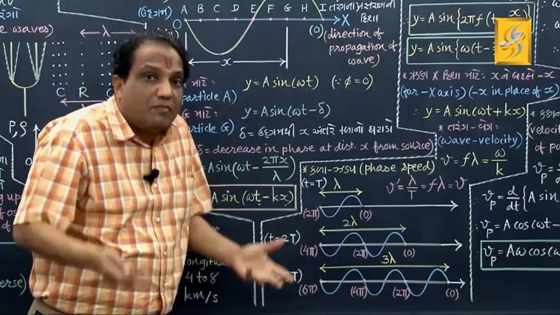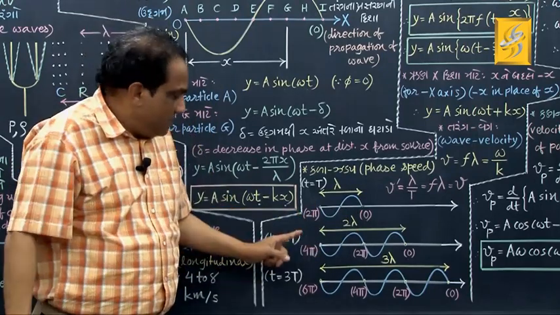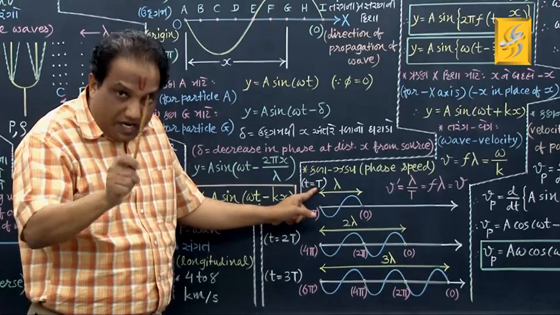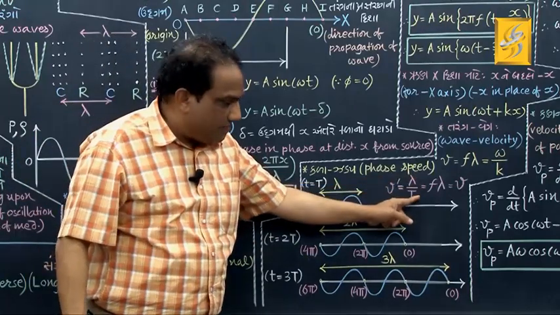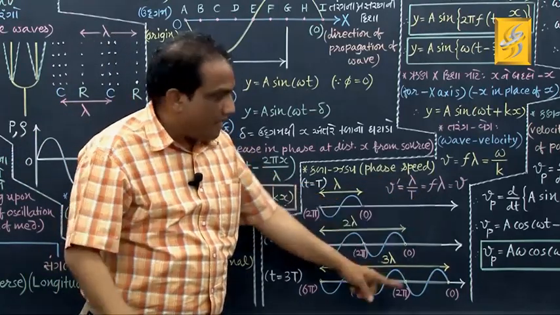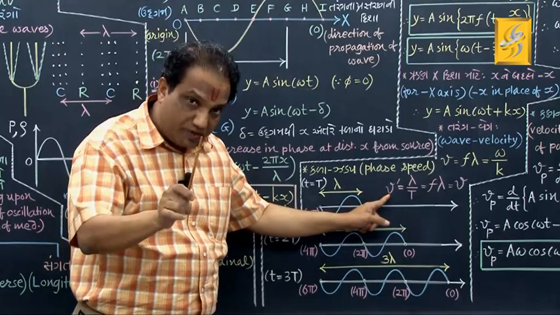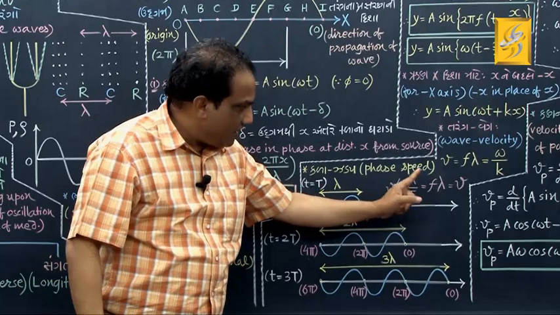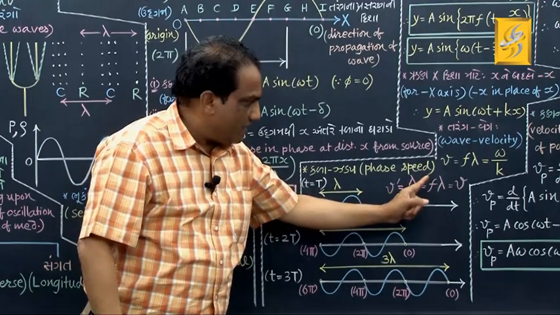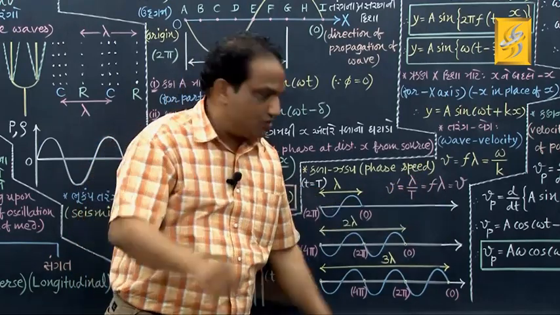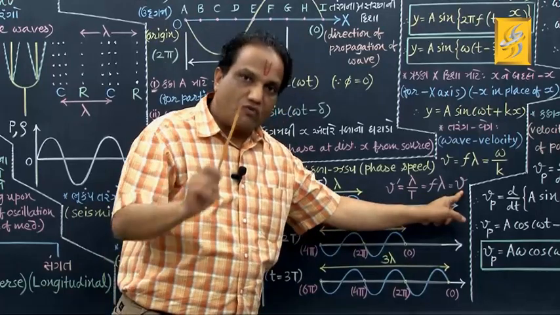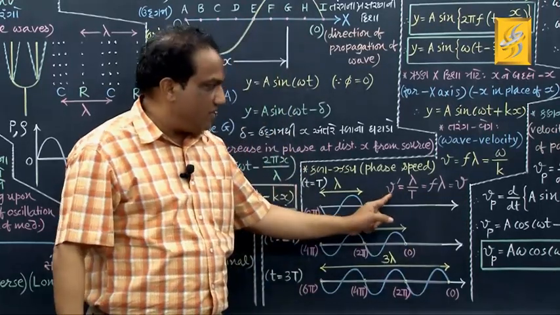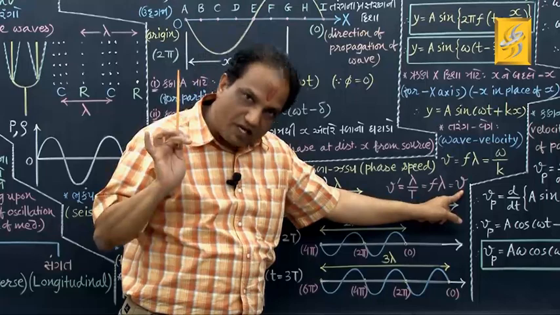It is lambda, but in how much time is that distance covered? In a time 2T minus T, that is T time. Distance traveled divided by time taken will give you speed, and that speed is called phase speed, shown by symbol V dash. But 1 upon periodic time is frequency, so f into lambda, which is nothing but wave velocity, so I write V. So what we have proved is that phase speed is nothing but wave velocity, correct?